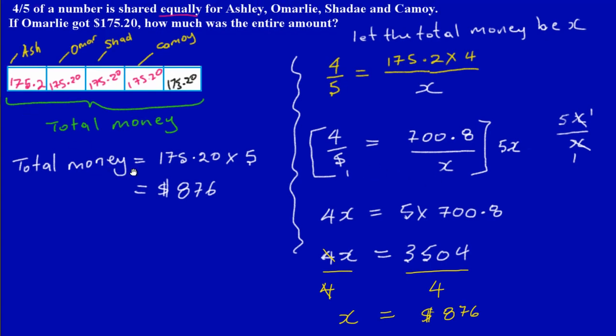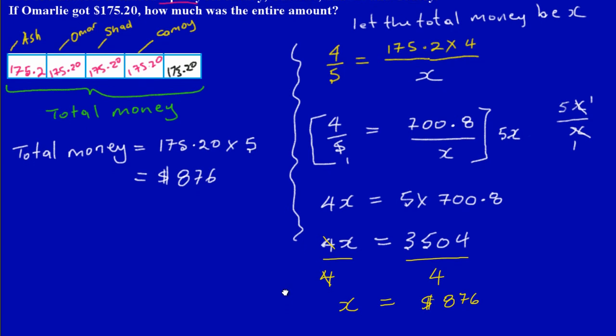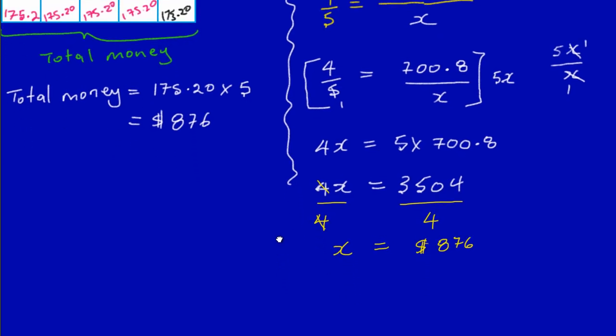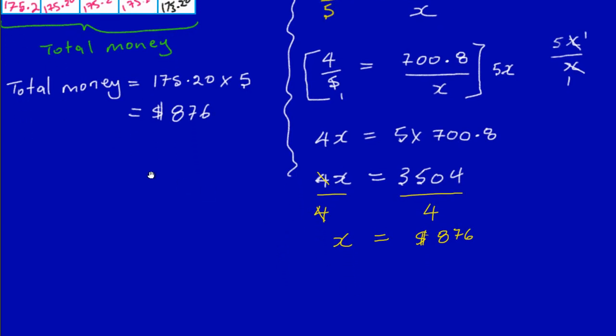Now, a very important thing to note when working out worded problems is that after you have finished calculating your values, you must always state your answer in words. That's very important. When given a problem in words, you should always present your answers in words.